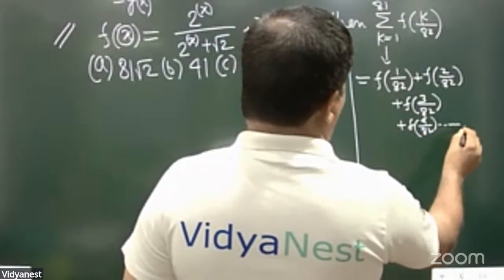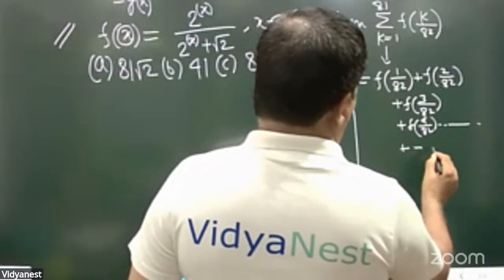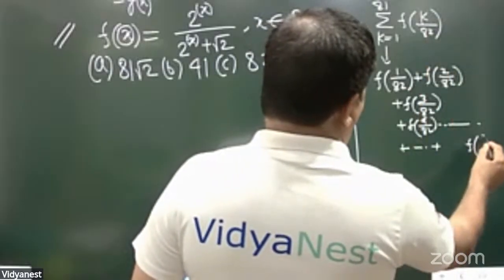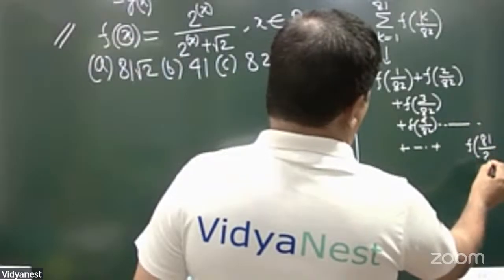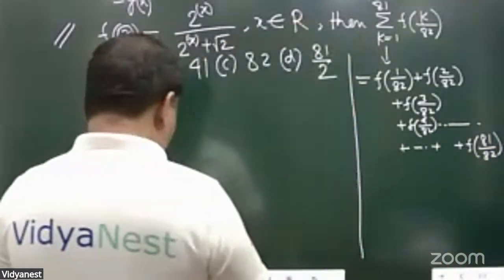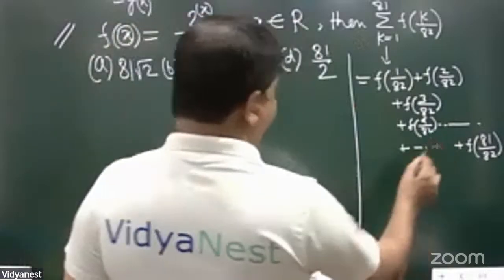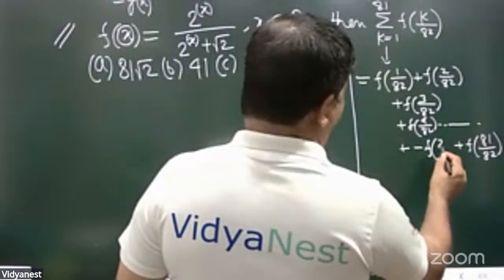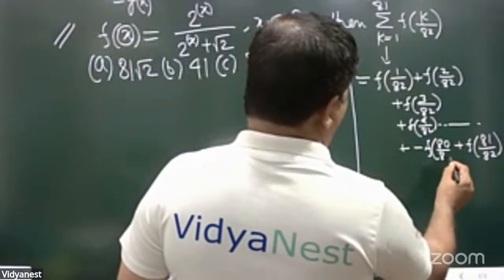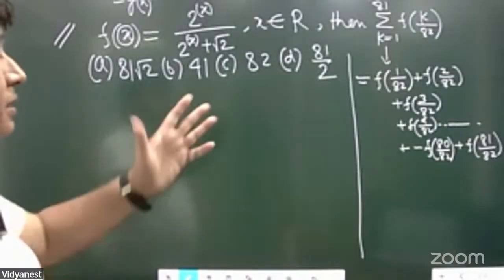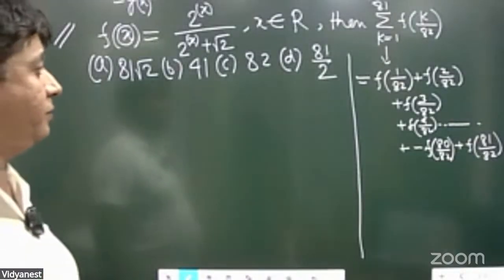How long should you write? It can go up to what? Last term f(81/82). Second last term, for your convenience you can write f(80/82). You can ask me, what is the use of all this?